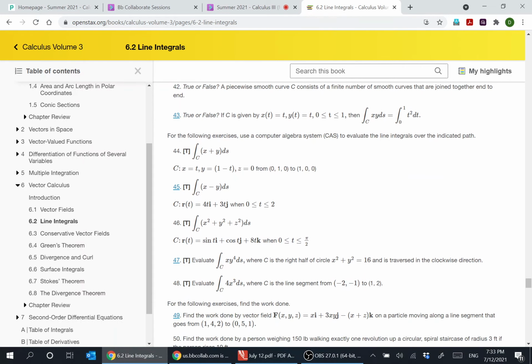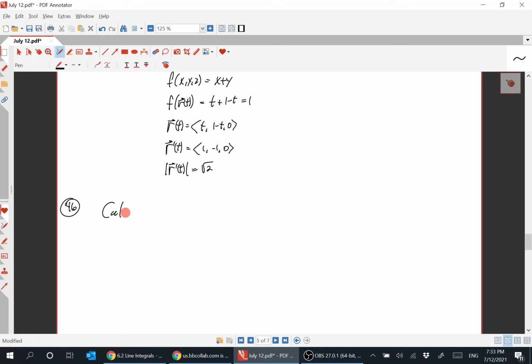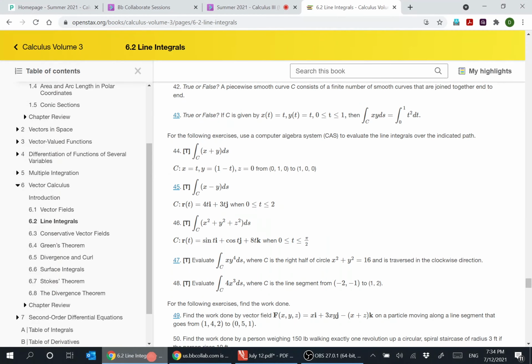So we've got this scalar line integral, x squared plus y squared plus z squared ds. So calculate the line integral over c of x squared plus y squared plus z squared ds, where c is given by r of t equal to sine t, cosine t, 8t, t going from 0 to pi over 2.